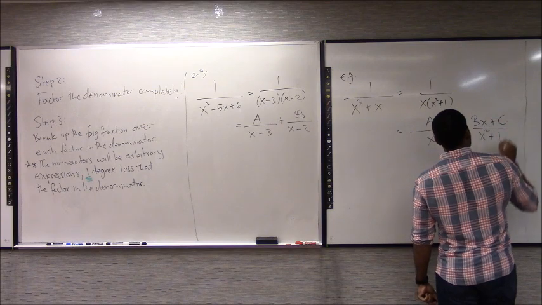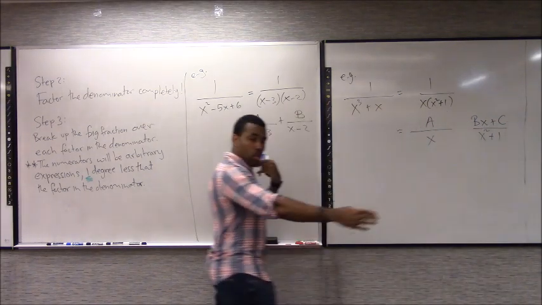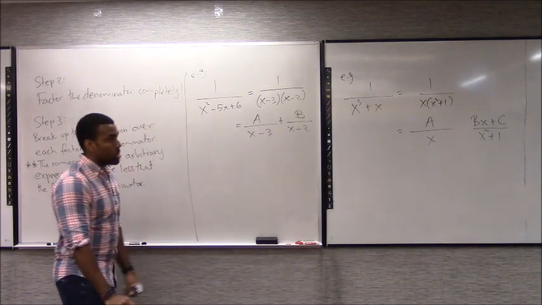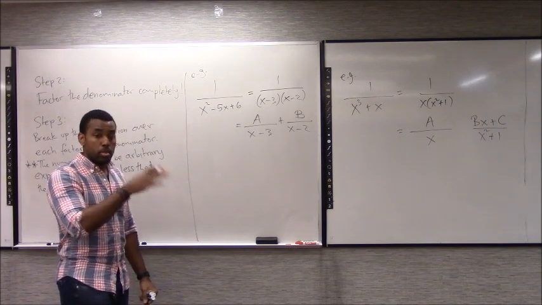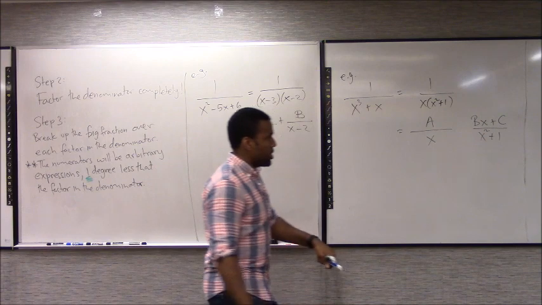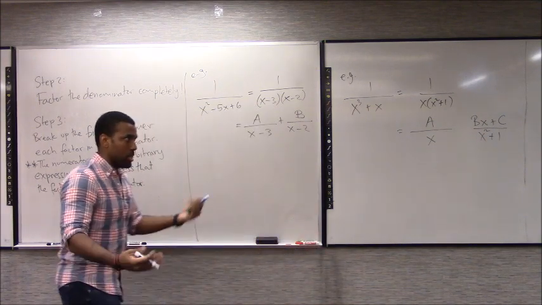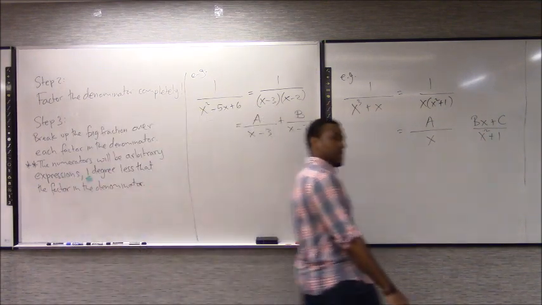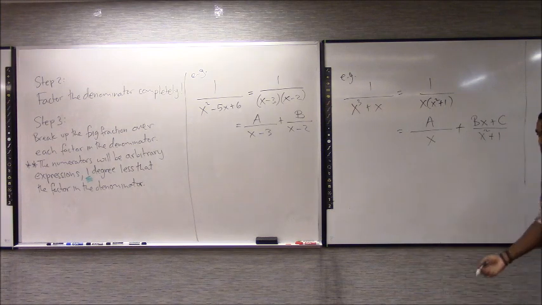Bx plus c. We're going to put the most general form of what's 1 degree less. If the denominator is quadratic, the top must be linear. If the denominator is cubic, the top must be quadratic. If the denominator is a fourth power, the top must be, you get the idea. So that's how that would split up.